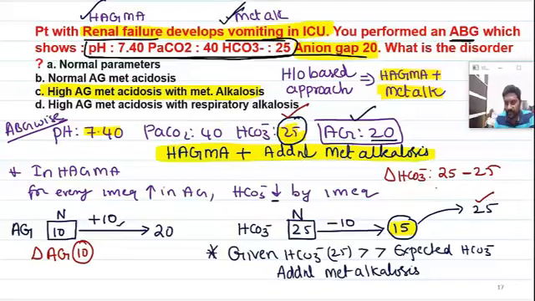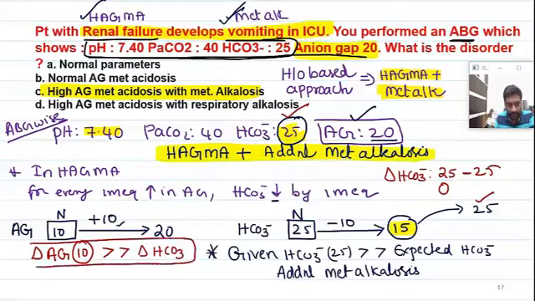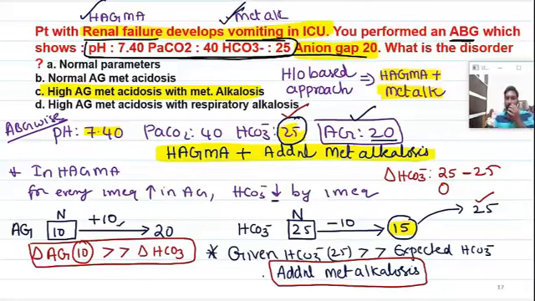It has stayed at 25, so delta bicarbonate is 0. If you observe here, delta anion gap is very much higher than delta bicarbonate. So whenever delta anion gap is more than delta bicarbonate, there can be coexistence of additional metabolic alkalosis.